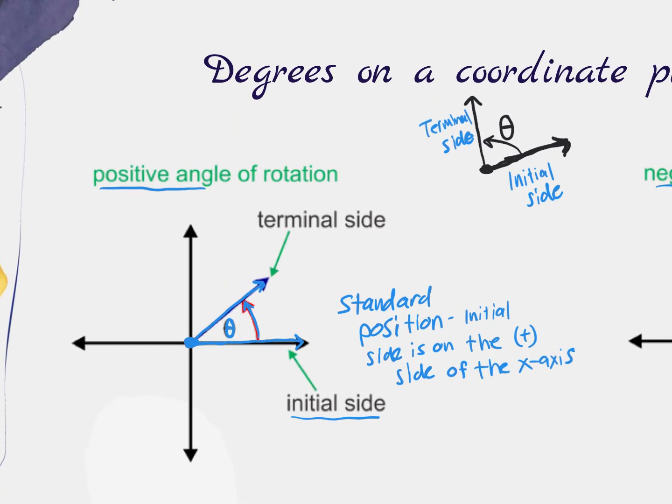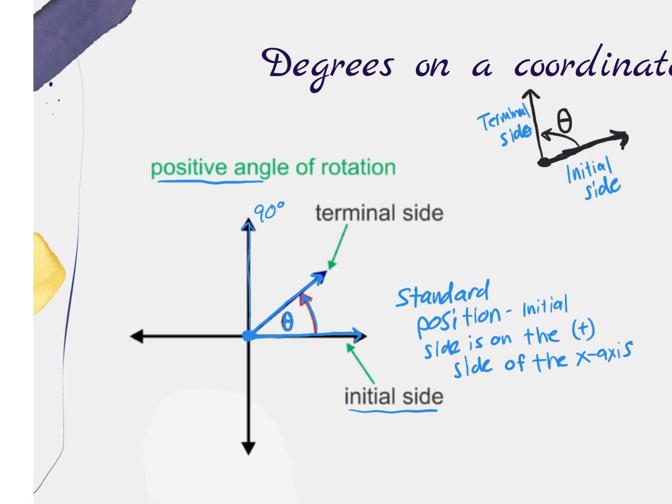Notice if I take an angle and have a ray go up until the positive side of the y-axis, so the terminal side is on the positive y-axis, that's going to get us what we know as 90 degrees.